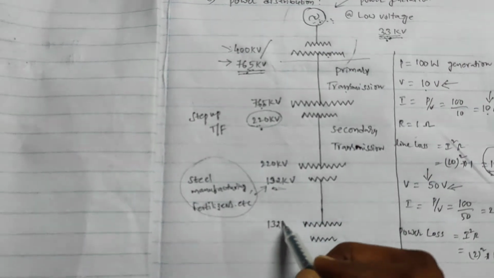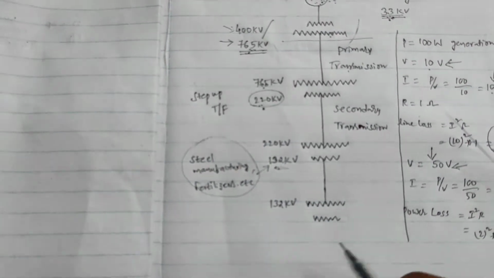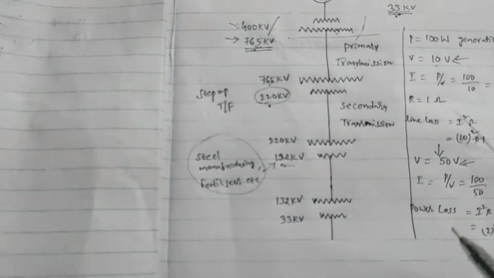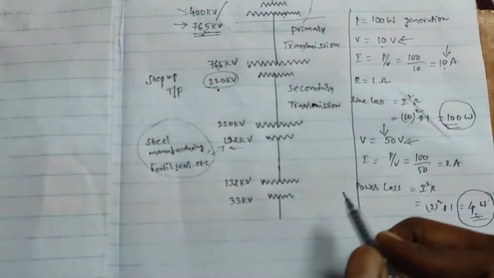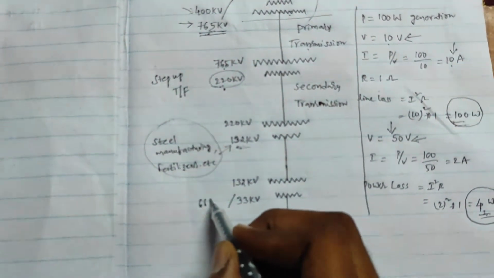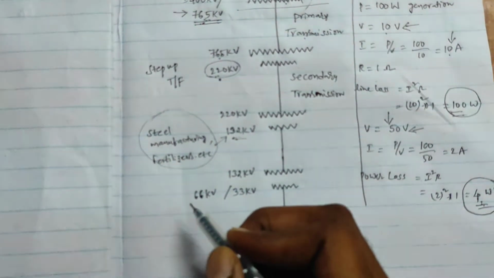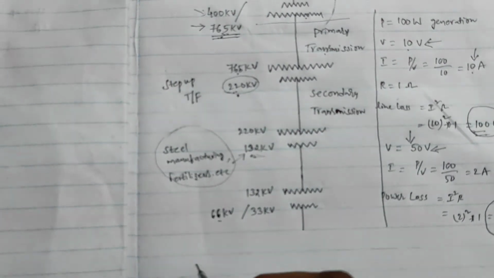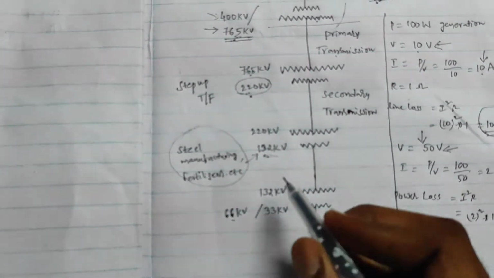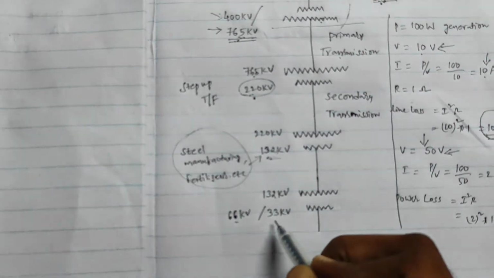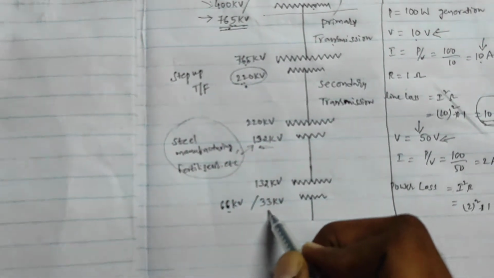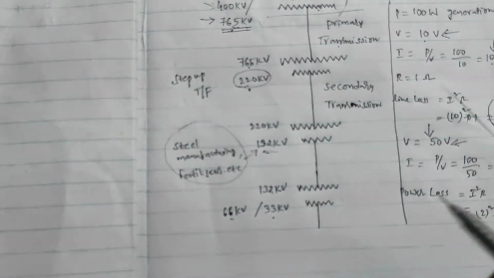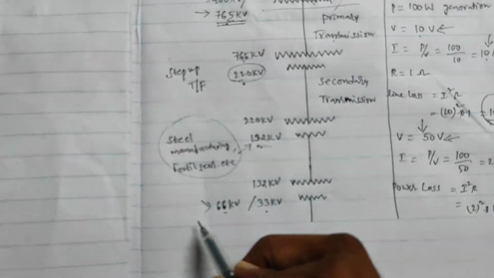So here it is 132 kV to, let's suppose, 33 kV, or you can have 66 kV also. So it depends on the consumer's point of view. Generally, from 132 kV to directly 33 kV we have general step down transformers, and 66 kV is a customized one.